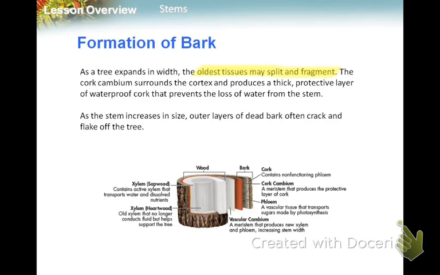The cork cambium surrounds the cortex, produces a thick protective layer of waterproof cork that prevents water loss. As the stem increases, outer layers of dead bark can crack and flake off. And that's your overview of stems.